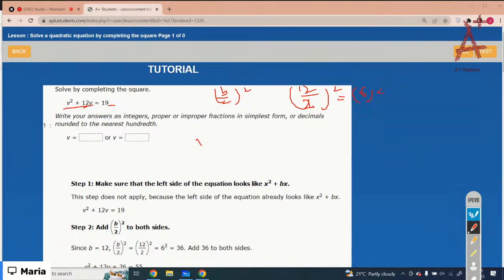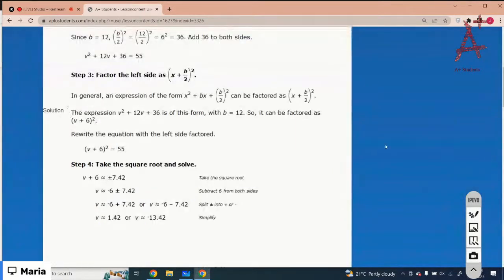So when you add 6 square both sides, let me just write it down on the board.